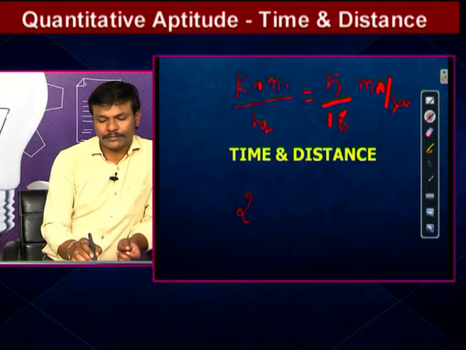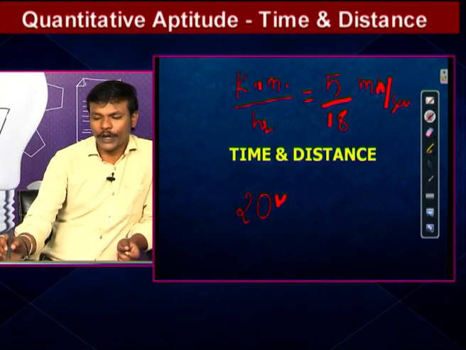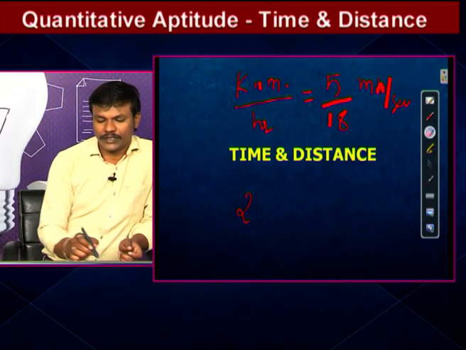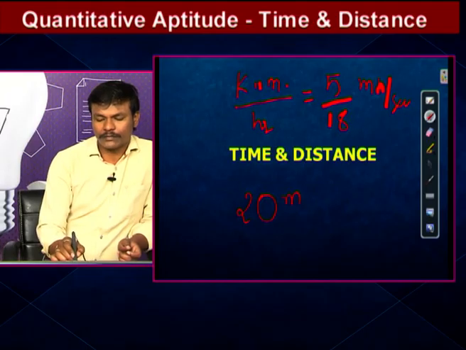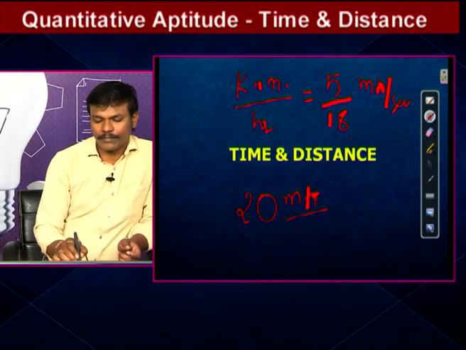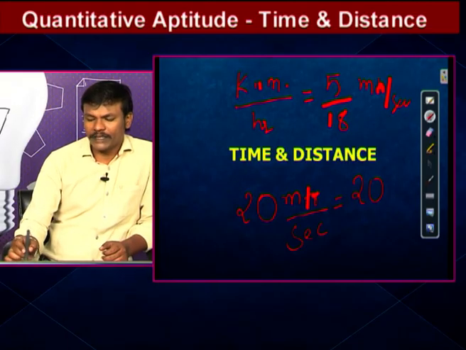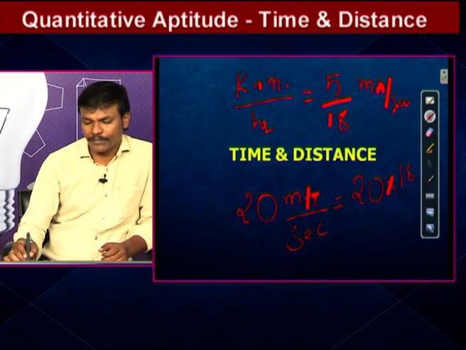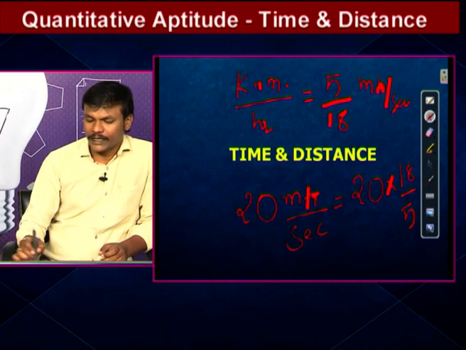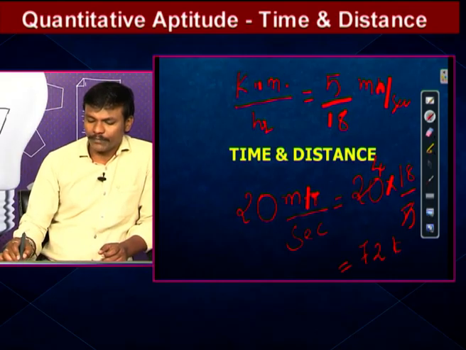If you have meter per second, you just convert it to kilometer per hour. How do you convert? If it is 20 meter per second, the 20 is multiplied with 18 by 5. 5 4s are 20, 18 4s are 72 kilometer per hour.